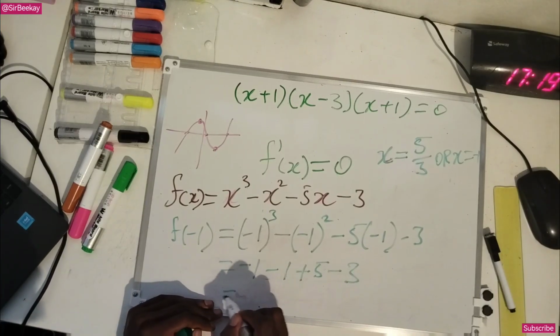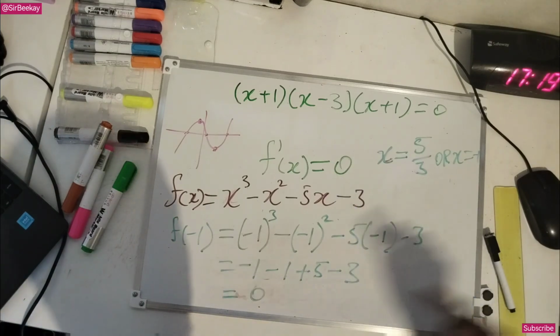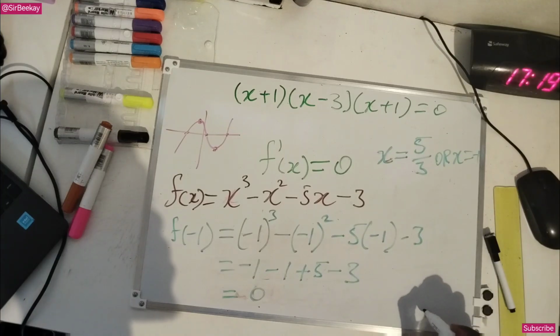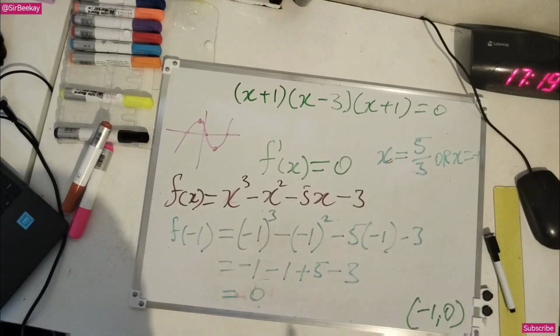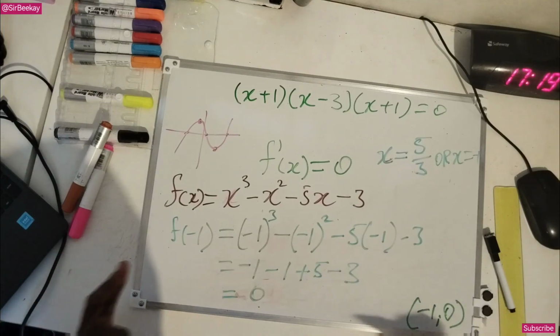So my first point, my first coordinate is going to be minus 1, 0. That's my first coordinate. I haven't seen whether this is a maximum or the minimum part of my graph. I'm going to see that when I plot these points.